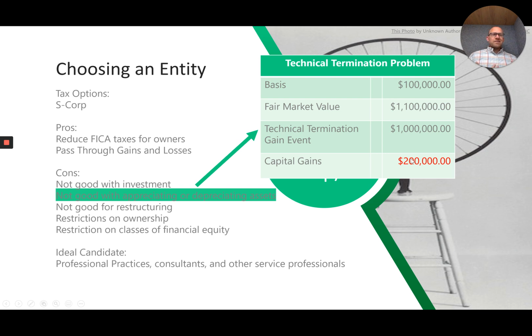And so it gets really tricky to move things around, and requires a lot of expensive tax planning in order to do so. That's one of the big problems with S Corps: people start them and they don't realize what kind of assets they should own in them, and then it causes big problems down the road when they're looking to restructure.